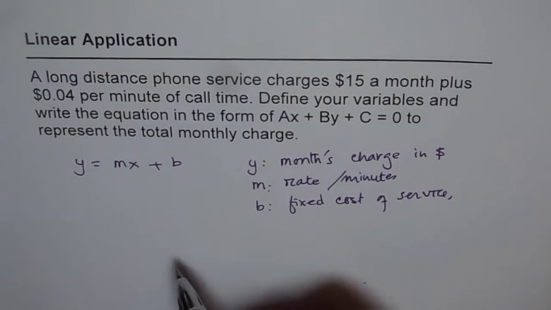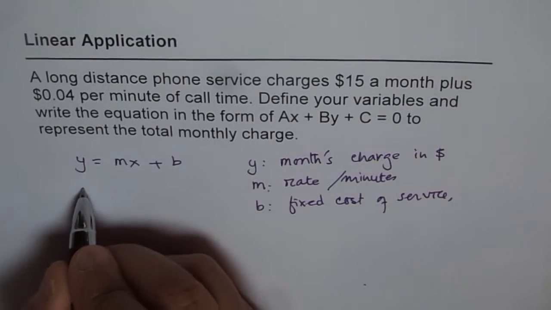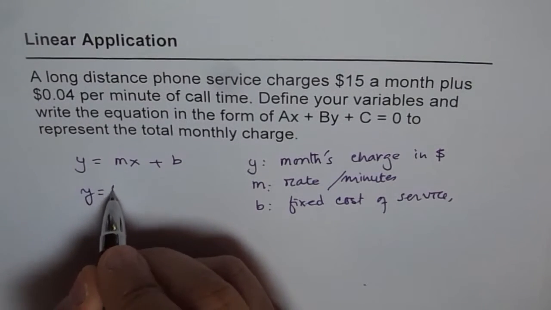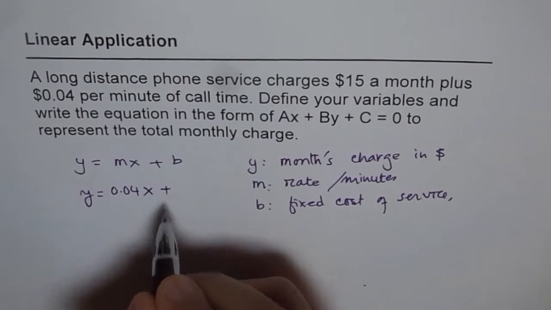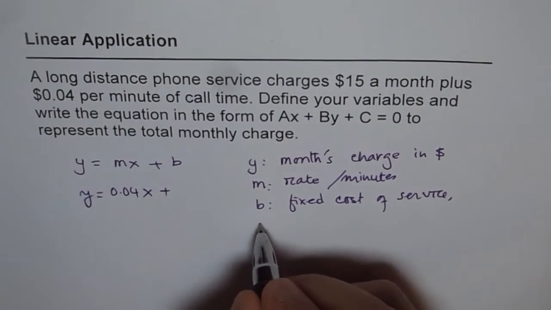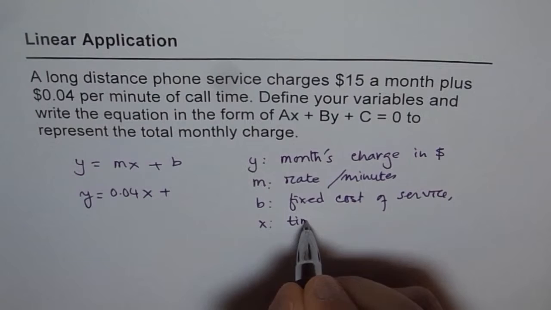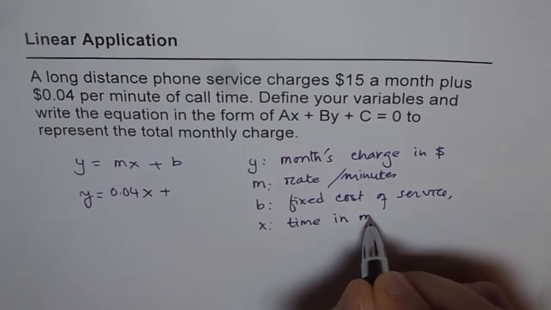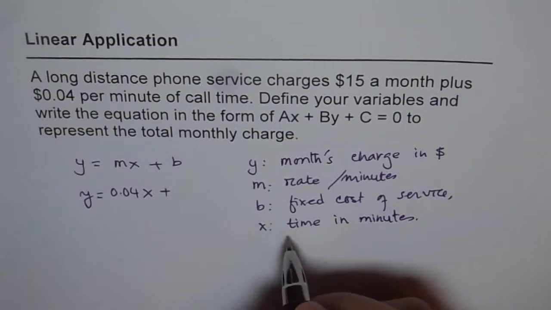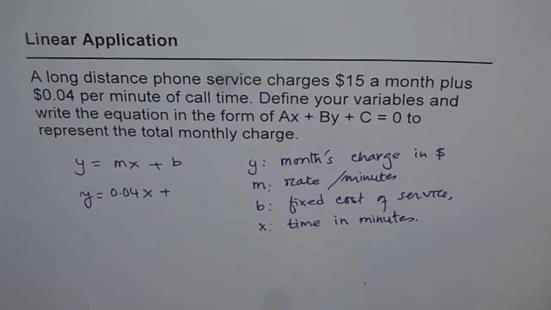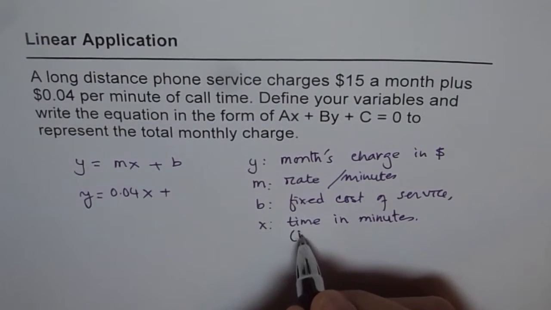So now we have everything here. We can place those values in our equation. So we say, well, y equals the rate given to us, 0.04x, and x is the time. x is time in minutes. And now remember here, x is the independent variable, right?